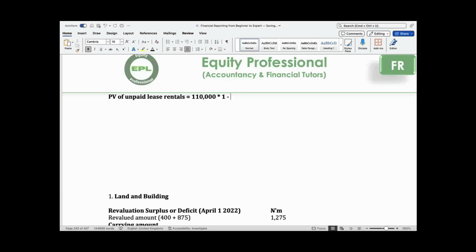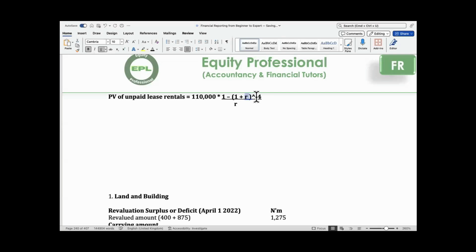The formula is 1 minus (1 plus R) raised to power minus 4 in this case, divided by R. Since the R is 10%, and why I'm using minus 4, ordinarily it should have been minus 5.